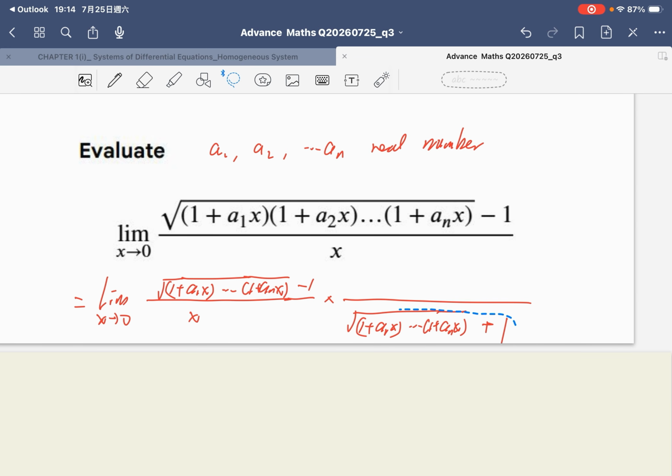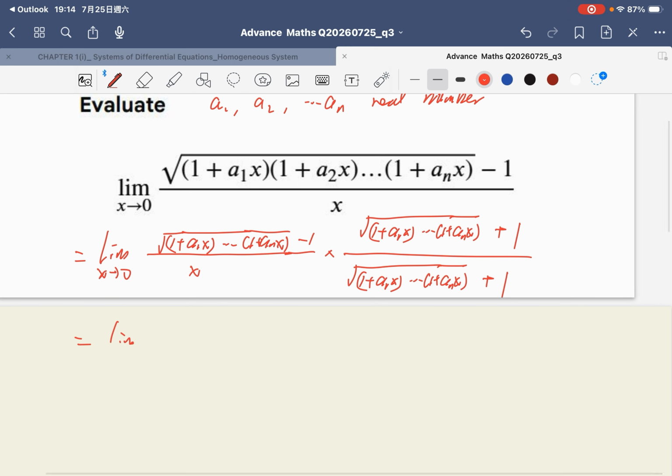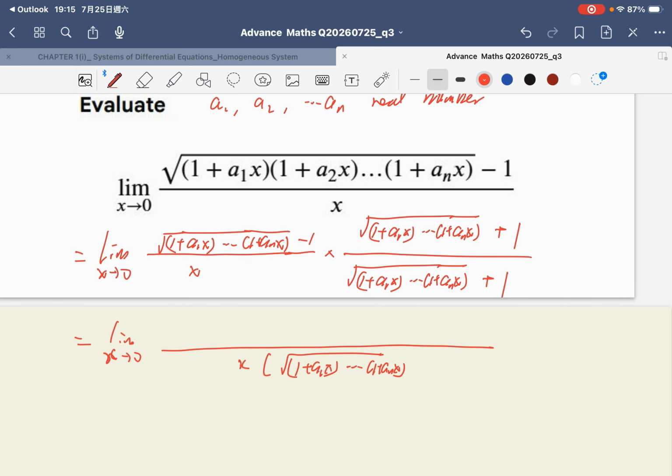Both numerator and denominator get the same treatment. Then, limit as x tends to 0. For the denominator, keep the format. For the numerator, this is (a + 1) times (a - 1), that is a squared minus b squared.